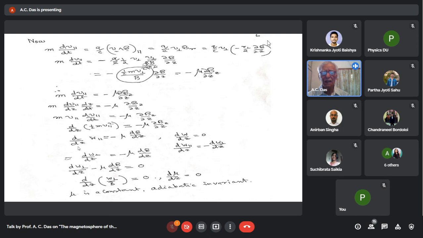We get 4 pi J1 plus 4 pi rho c squared/B squared dE/dt. That you can replace by epsilon. Epsilon is given by that part, and therefore you get dD/dt. So what is introduced is the dielectric nature of the plasma.